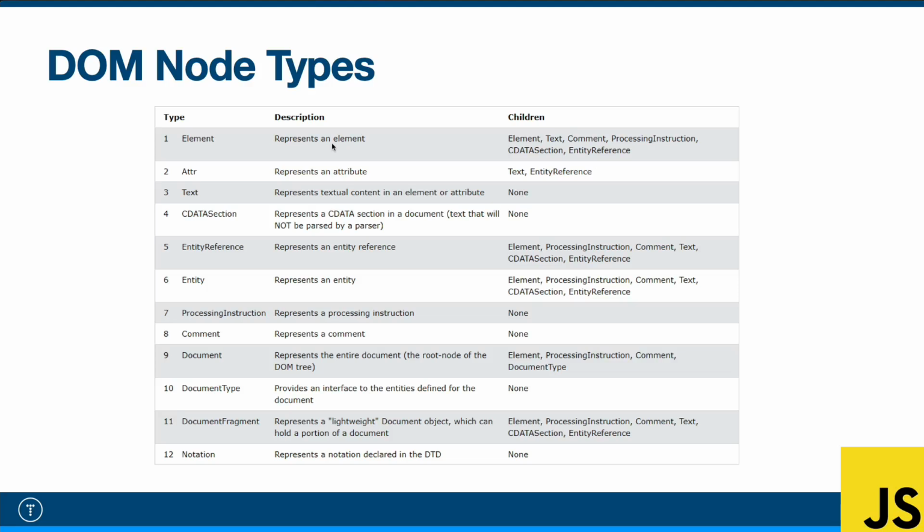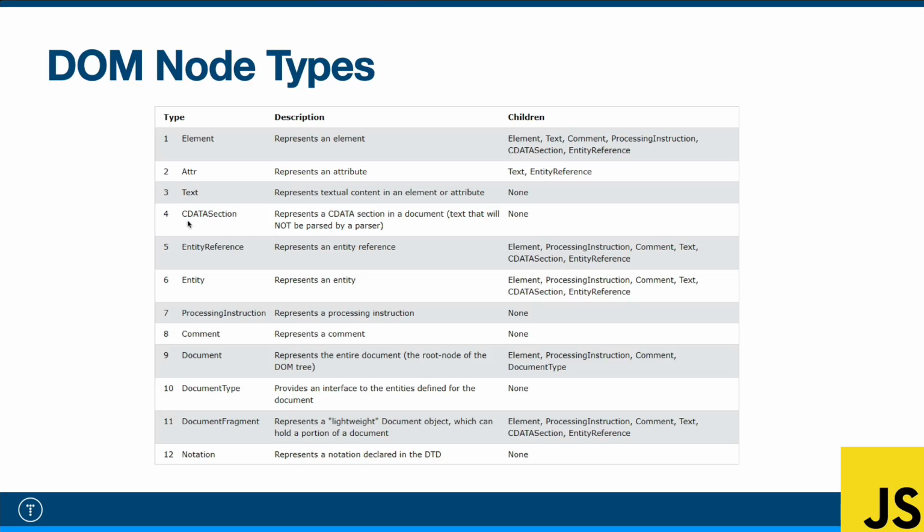And there's specific properties that we can use that pertain to element nodes. Now, some other types of nodes are attributes, okay? An attribute like an ID or whatever it might be, an attribute on an HTML tag, those are attribute nodes. We also have text nodes, which represent textual content. So any text written within some HTML tags would be a text node.